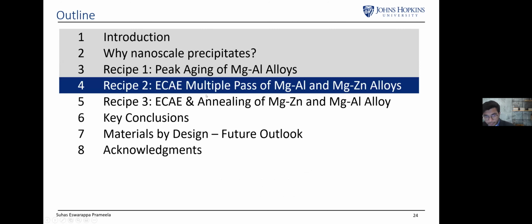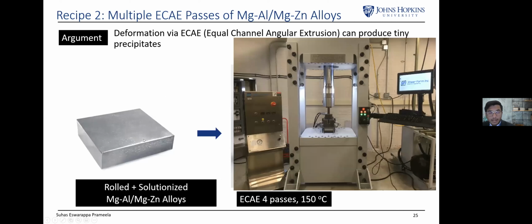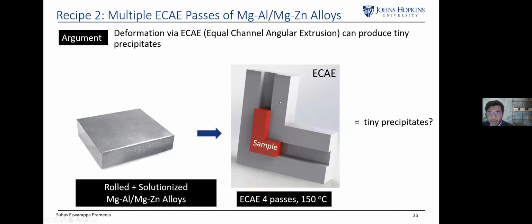So that's what led us to design recipe 2, where we use this process called ECAE, which is equal channel angular extrusion, right? And this is a system here. I'm not going to explain in detail what the various parts are, but in a very simplistic fashion, you're forcing this metal sample to go through this die, which has a 90-degree bend here.